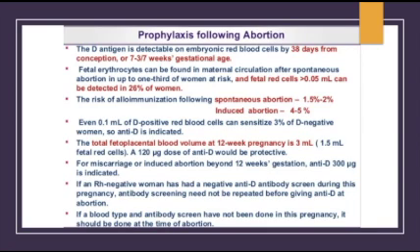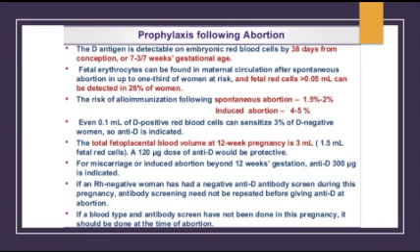The total fetal-placental blood volume at 12 weeks of pregnancy is 3 milliliters. A dose of anti-D immunoglobulin is 120 micrograms. For miscarriages or induced abortions beyond 12 weeks of gestation, an anti-D immunoglobulin dose of 300 micrograms is more than enough.